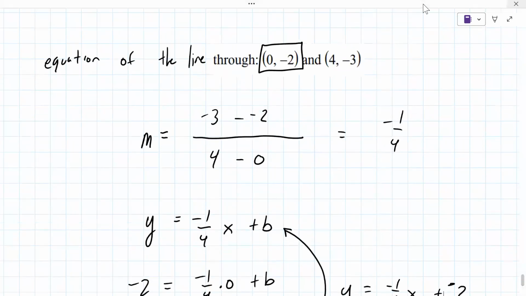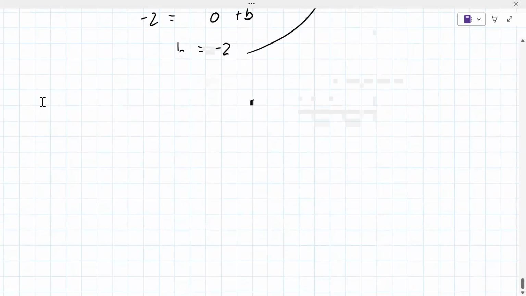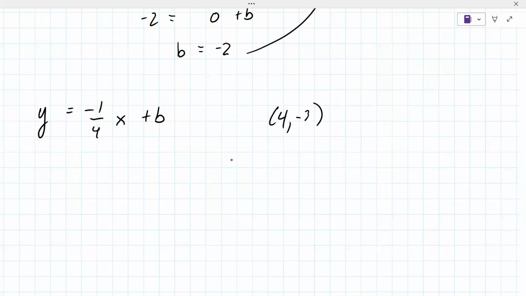Now, if we use the other ordered pair, do you think we'll get the same answer? What did your intuition tell you? I'm not really sure actually. Let's find out. So -3 equals -1/4 times 4 over 1 plus b.